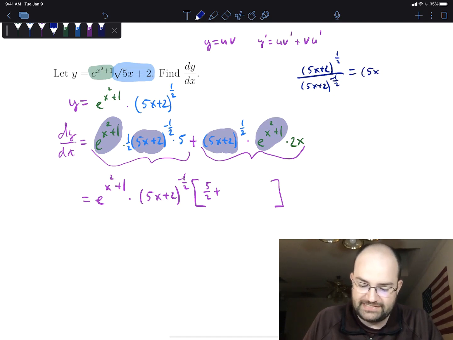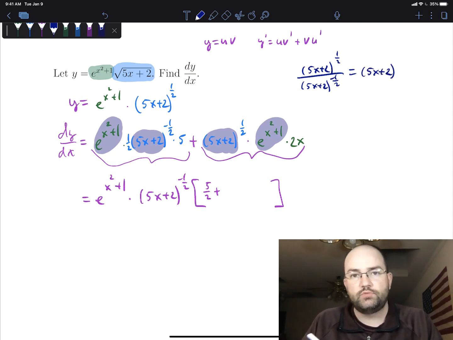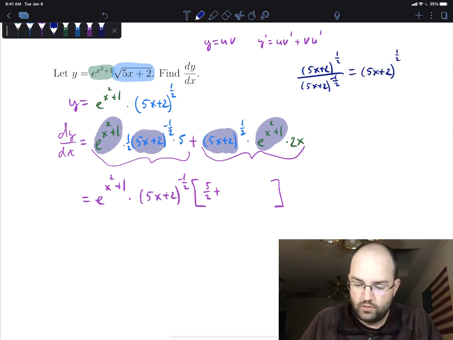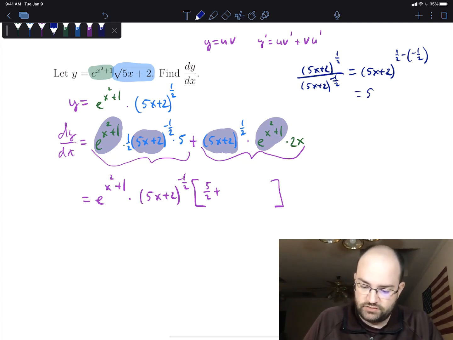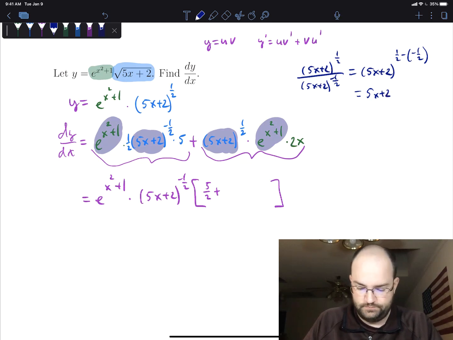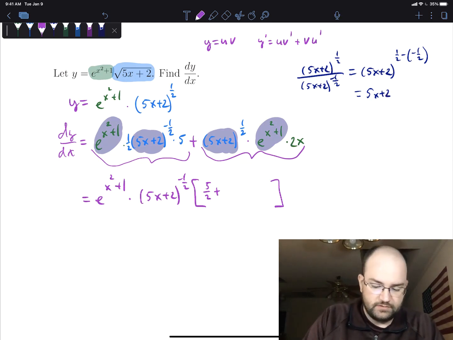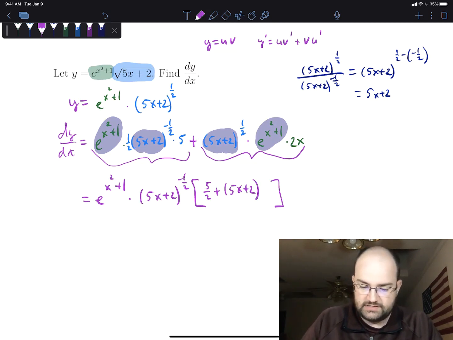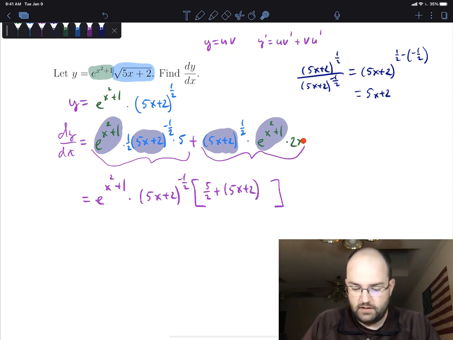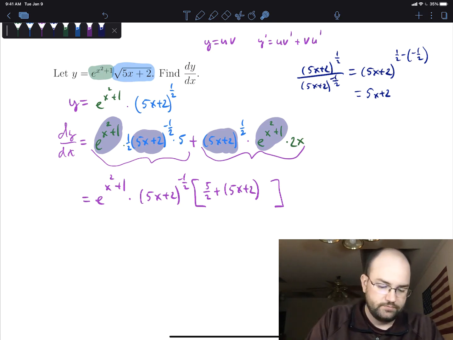First of all, the base stays the same, and then we subtract the exponents. 1/2 minus the negative 1/2. But minus the negative is, of course, plus, so it's just a half plus a half, which is 1. So this is actually just 5x plus 2. So this is going to leave me with 5x plus 2, and then times, now notice what's left over other than that is just the 2x there.